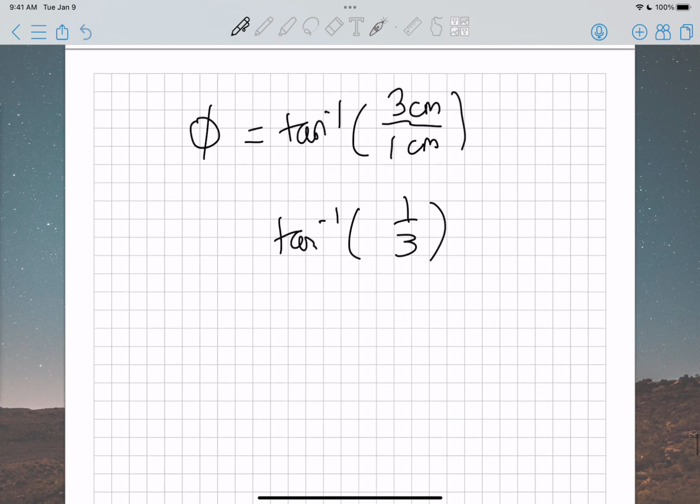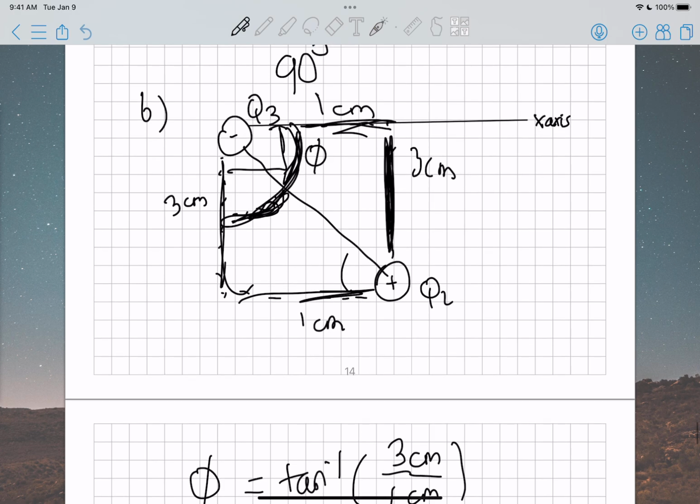So you would have done 90 degrees minus the inverse tangent of 1 over 3. So that's just me trying to make things more complex. So this wouldn't be the theta quite yet. The theta would have been here. So these two angles would be equal to each other, because it's like two parallel lines.